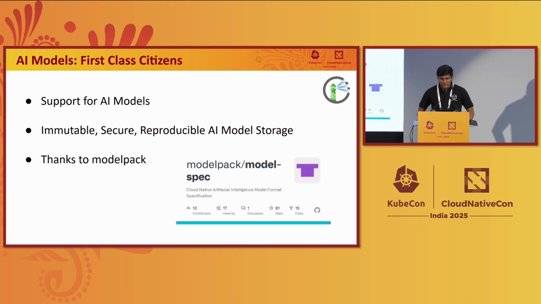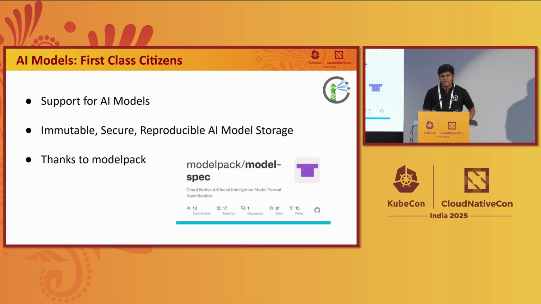No. Model Pack is a CNCF sandbox project and it has a model spec. It's a cloud native artificial intelligence model format specification. This spec is great because it doesn't create a new spec out of thin air, but uses the OCI spec and builds on top of it. So thanks to the model spec, we support it as a first-class citizen in Harbor.